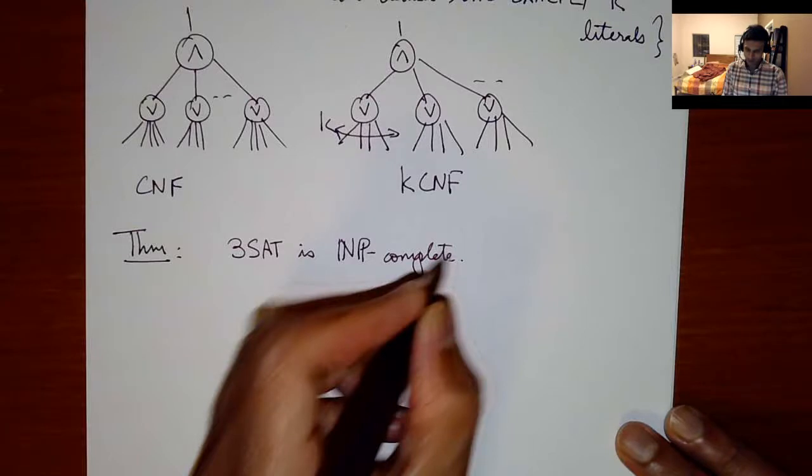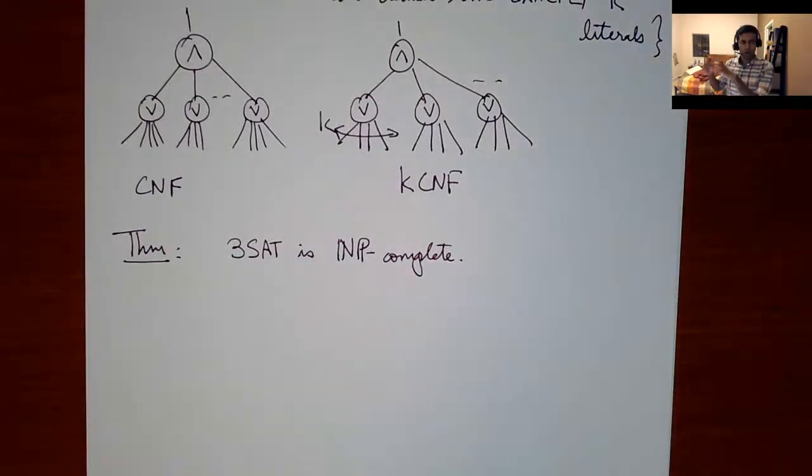So I hope you understand what we're doing. We started from any Turing machine. We converted that to SAT. From SAT, we go to CNF SAT. And from CNF SAT, we're going to go to 3SAT.